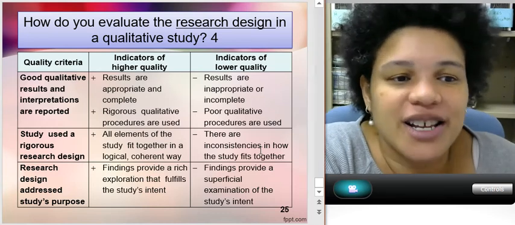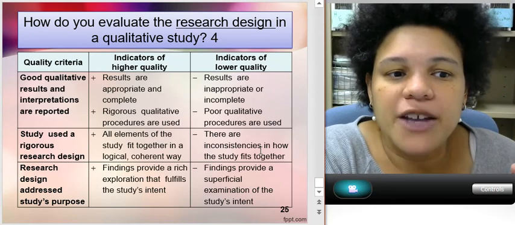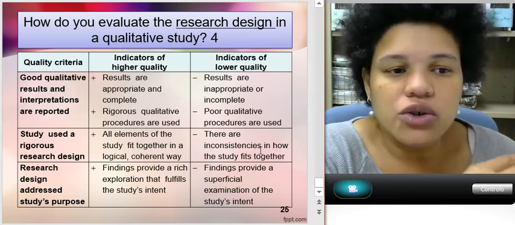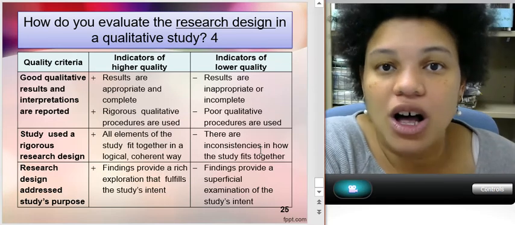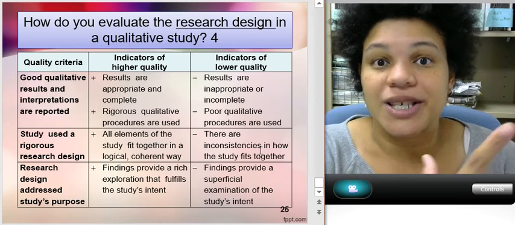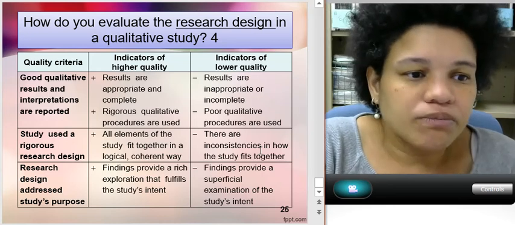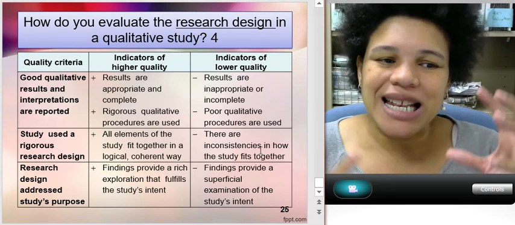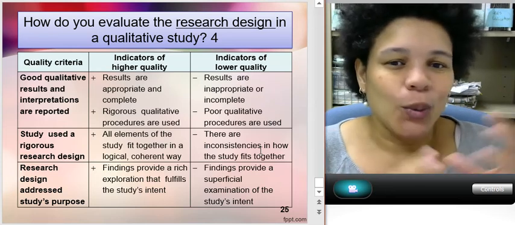Are they appropriate? Are they complete? If rigorous procedures were used, then your hope is that the author is going to be able to give you appropriate and complete results. And do all the elements fit together in a coherent way?